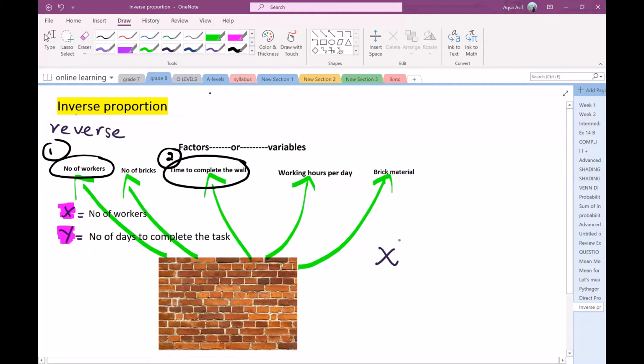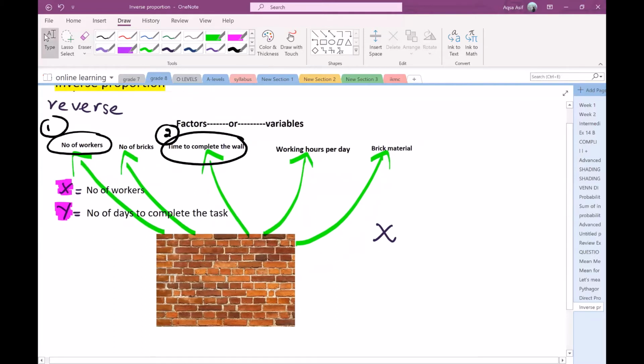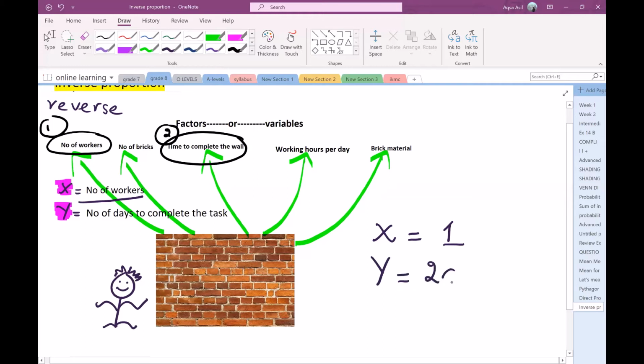Considering a situation where this wall needs to be completed, let's consider if number of men is 1. Only one worker is assigned this task. Okay, so I will write X is equal to 1, where X is the number of workers. Now, Y is the number of days to complete the task. Let's suppose the worker can complete this task in 20 days.